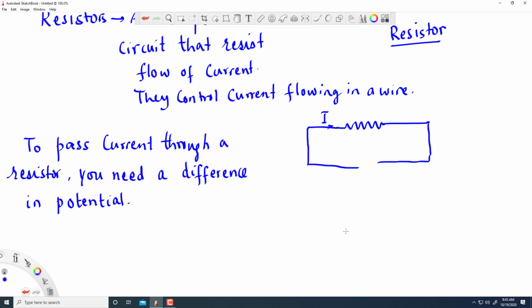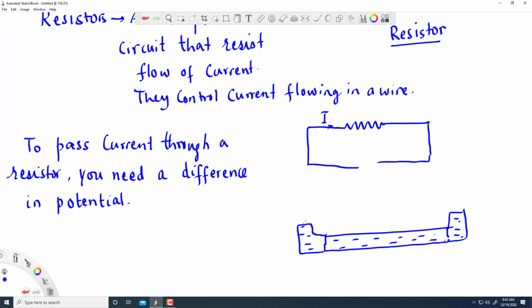What that means is, let us say you have a pipe that has some water. If so, let us say you have some kind of tube here, and you have some kind of tube here. Just an analogy. If these tubes are at the same level, same height, then they will have same pressure. That means there won't be any flow of water in this pipe. So, the water will remain as it is, there is no flow.